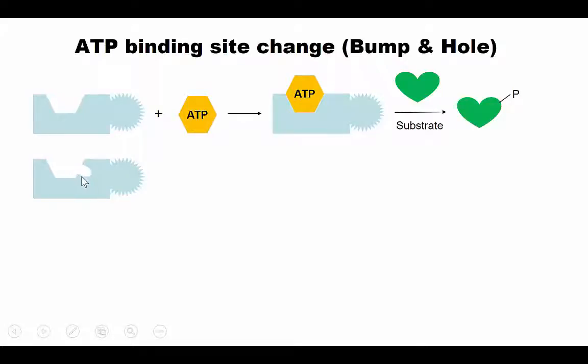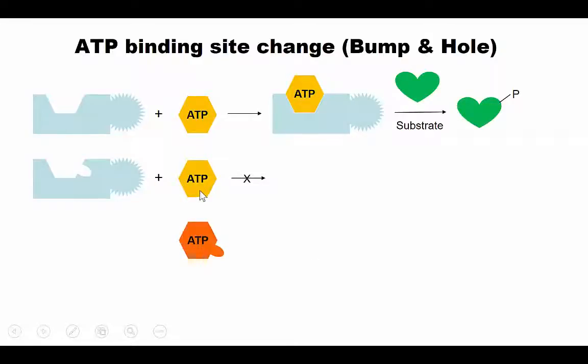Originally it has a bulky amino acid group here. Then you change that to a smaller amino acid. So you make a small hole here. And because of this hole, original ATP cannot bind here tightly. So this modified kinase cannot do the proper catalytic function as a kinase.